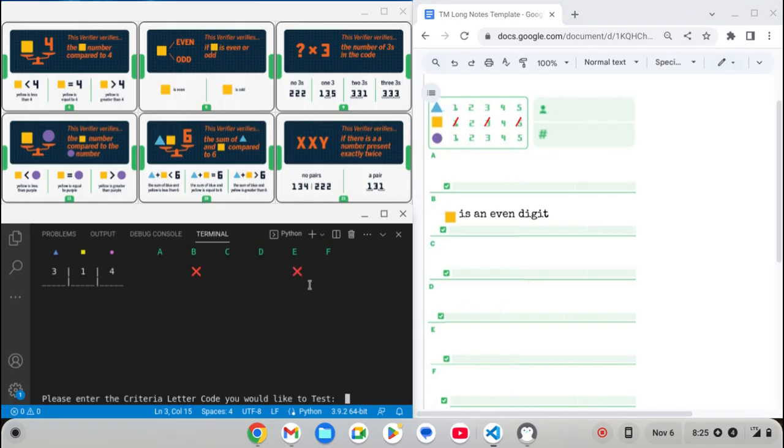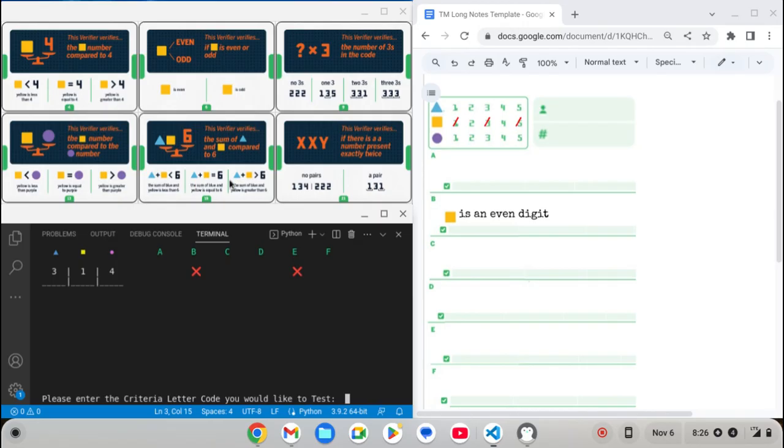Okay, so the Turing Machine does not approve of my choice. In criteria card E, we are adding the first 2 digits. So 3 plus 1 is 4. 4 is less than 6, but the Turing Machine does not approve of that. So it's letting us know that either the sum of the first two digits is equal to 6, or actually the sum of the first two digits is greater than 6.